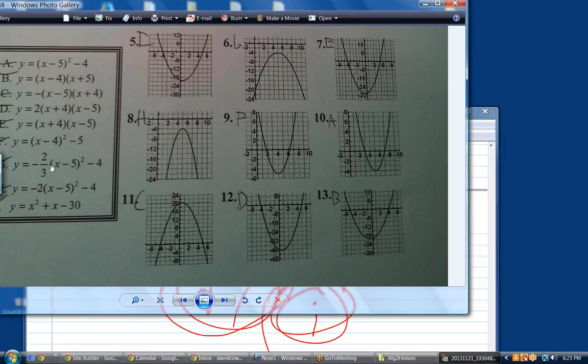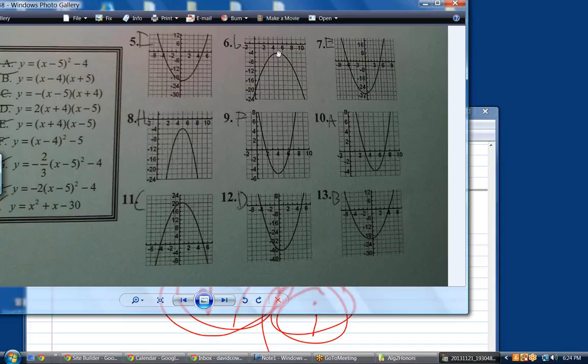Okay. How about this one with the -2/3? That tells you it opens down. And in fact, this one and this one are going to be the same, except one of them is going to be skinny, one of them is going to be fat. And we have a vertex at 5 minus 4. Well, there's one vertex at 5 minus 4, and there's another vertex at 5 minus 4.